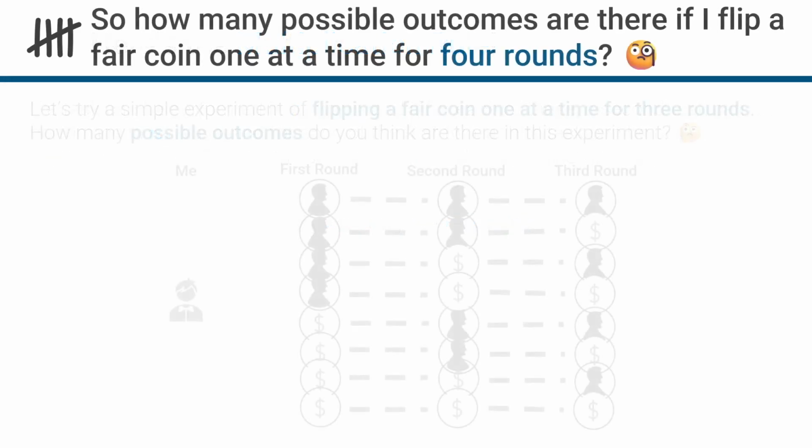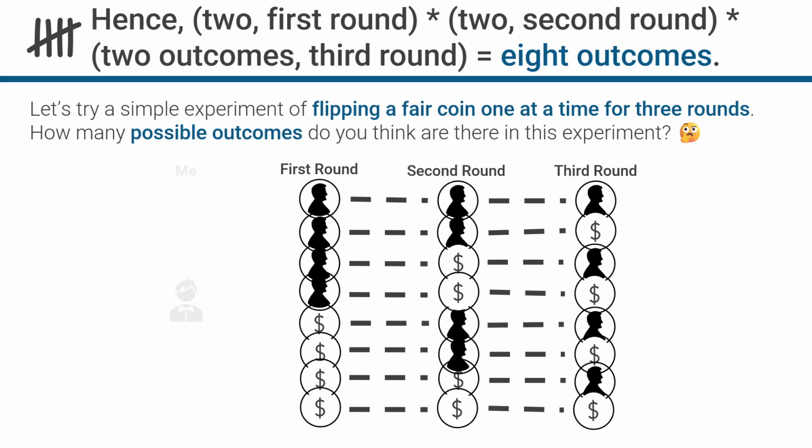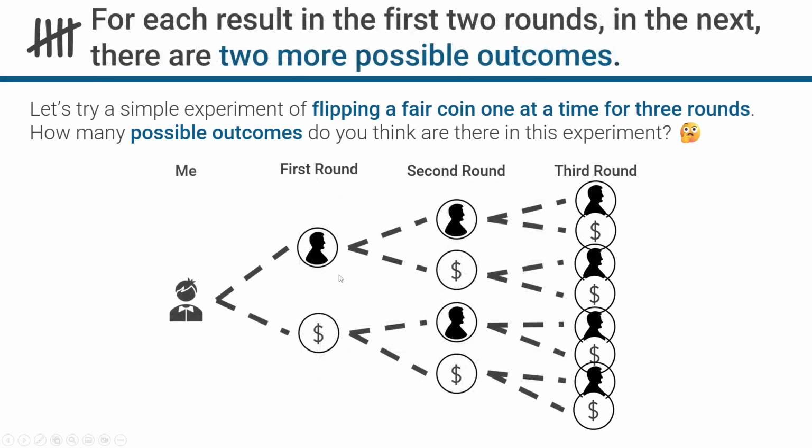So for this example again, for the coin toss, how many possible outcomes does a coin have? We have 2, so our n1 is 2. In the second round, our n2 is equal to 2 as well, because you only have the one coin.